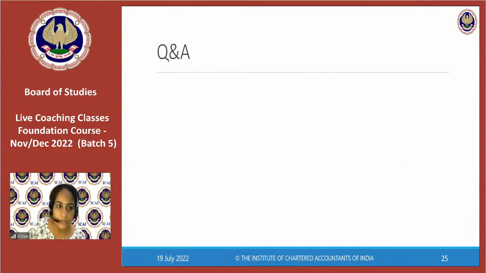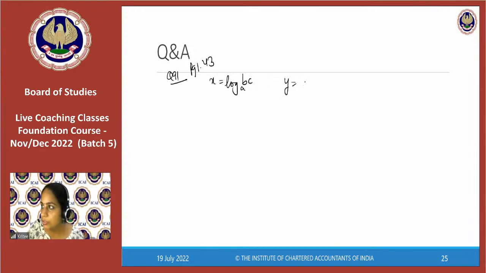Question number 91 of additional exercise, page 1.43. It says if x is equal to log BC with the base A, y is equal to log CA with the base B, and z is equal to log AB with the base C, then the value of xyz minus x minus y minus z is.